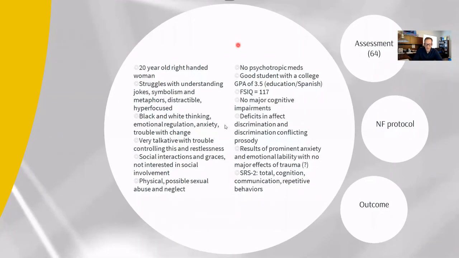Our next individual is someone with autism, 20 years old, more with an Asperger's type of syndrome, trouble understanding jokes, symbolism, is easily distracted, very concrete, literal thinking, anxiety, trouble with change, social difficulties, not interested in social involvement, and also had a history of possible sexual abuse and neglect.